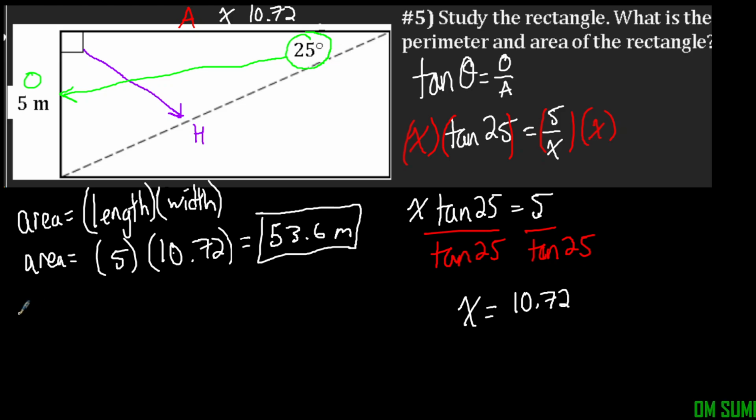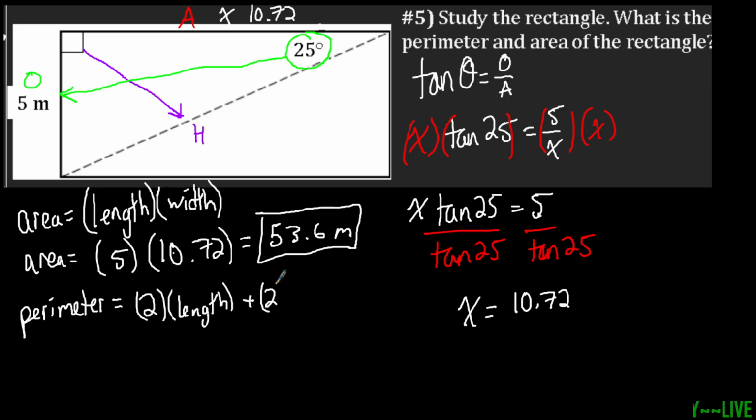Now we need perimeter. Perimeter is going to be equal to 2 times the length plus 2 times the width. And you're probably wondering, hey, Mr. Chang, I don't know which one's which.